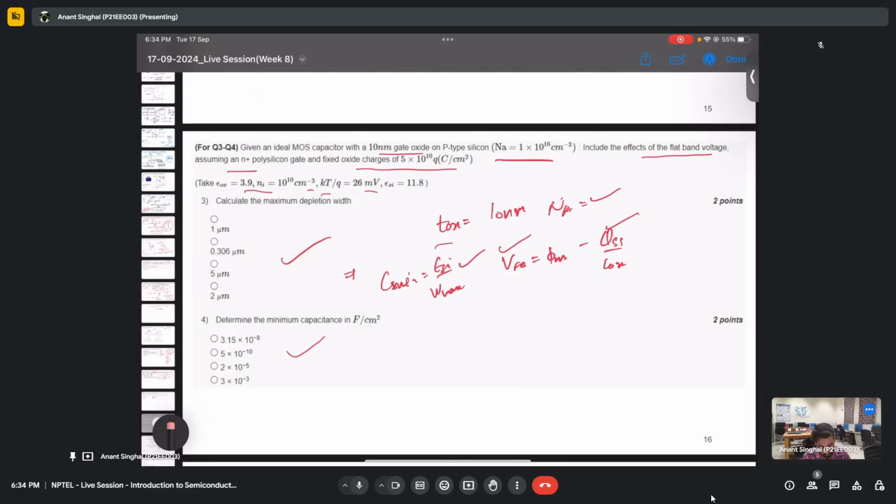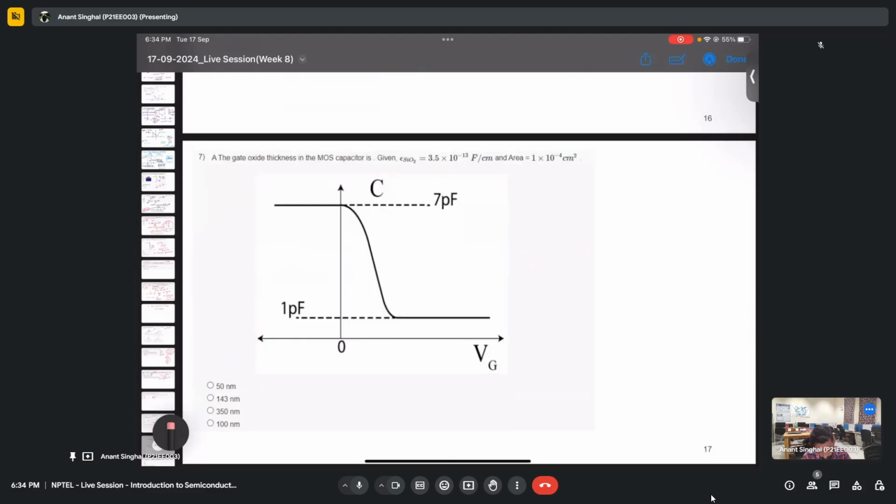Yes, sir. Okay. So again, a similar question, from this year's assignment. What we have is a gate oxide thickness, so it is asking for TOX. I hope it is now very clear. How do we calculate it? Anyone? Any guesses? Epsilon Si into A by C max.